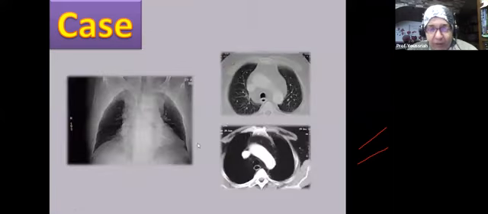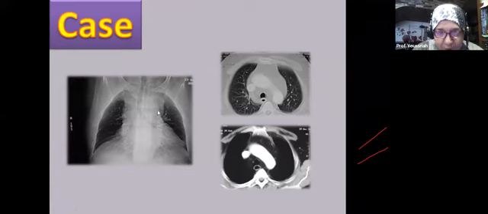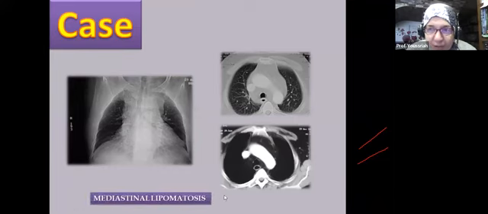Now, in this case, we have widening of the superior mediastinum, and in the axial images, in the lung window and mediastinal window, we have this widening showing fat density all through. This is exuberant fat in the mediastinum, what we call mediastinal lipomatosis.